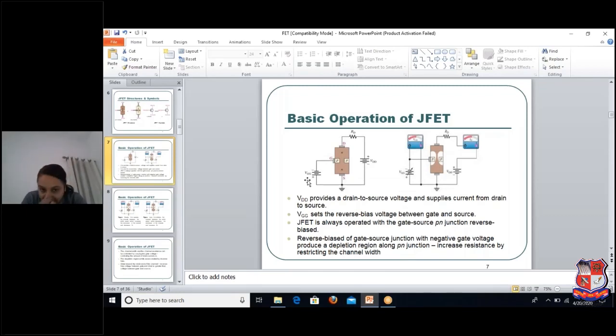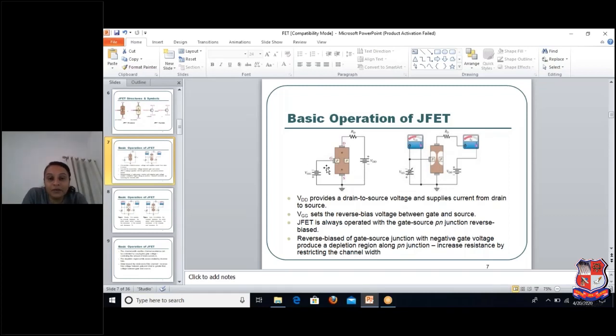First of all, we will understand the connection. So here is your resistance, which is known as the drain resistance. Here the battery in between D and S is known as VDD, and here is VGG.